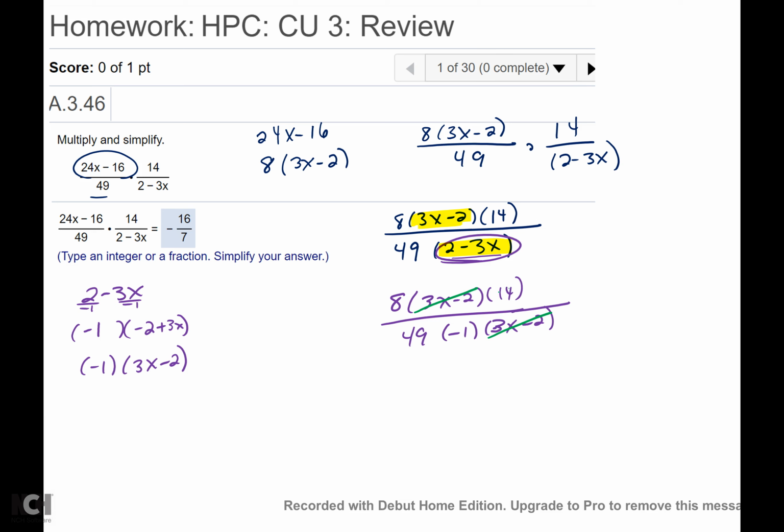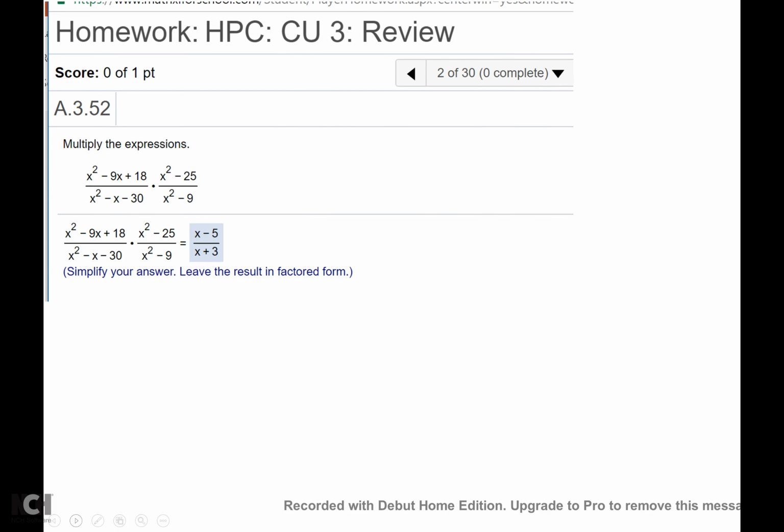And as far as the numbers go, the 14 and the 49 have a 7 in common, so 7 goes into 14 twice, and 7 goes into 49 7 times. So now on top I have 16 over -7, which makes it -16/7.